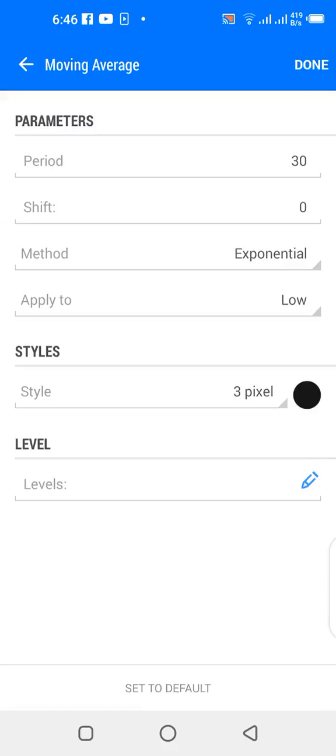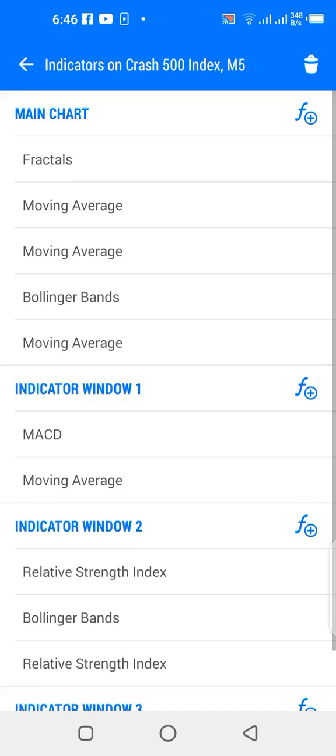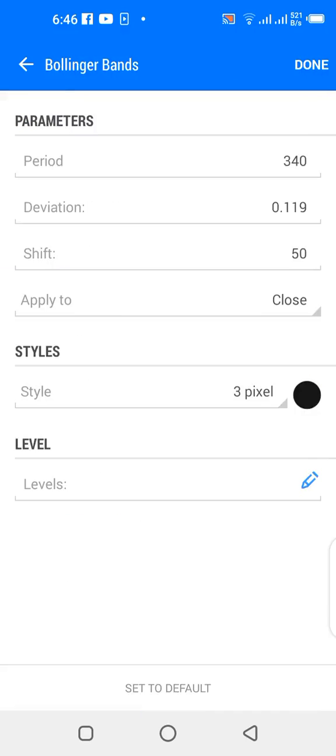The next one is a 30 exponential moving average applied to low, and the color is black. The next one is Bollinger Bands, 340 period. Deviation is 0.119. Shift is 50. Applied to close, the color is black. And the last on the main chart is a 7 period simple moving average applied to close, and the color is pink.